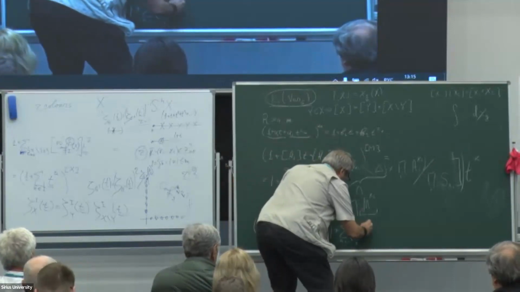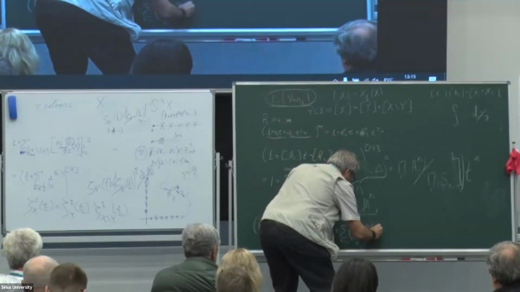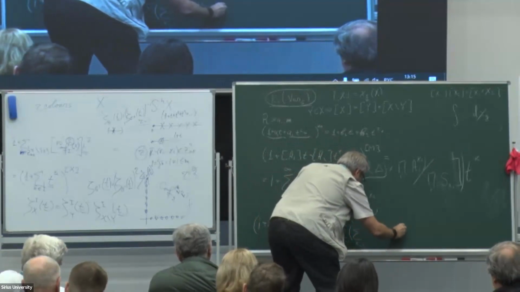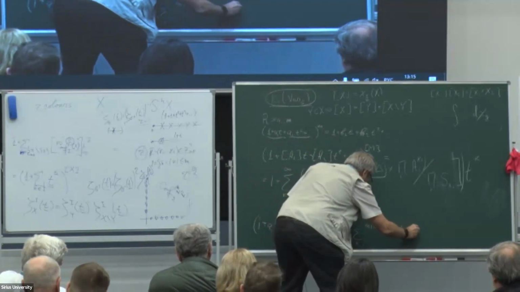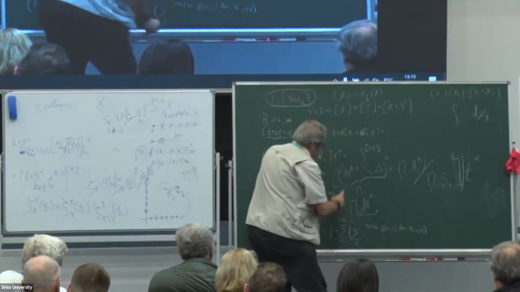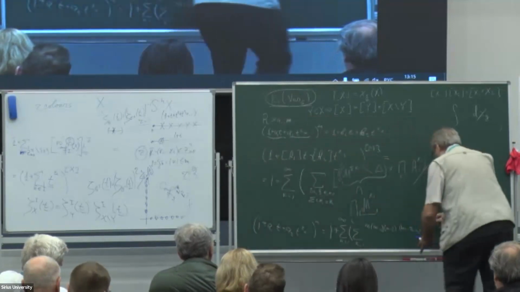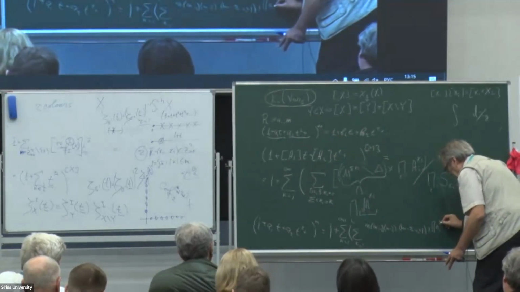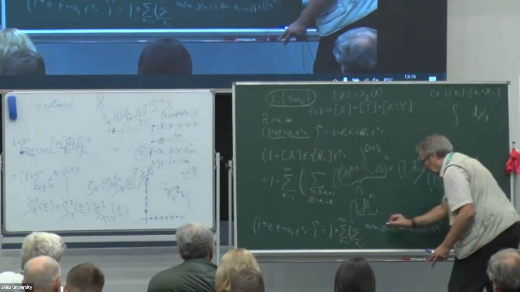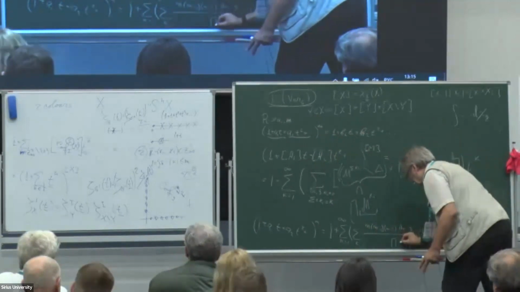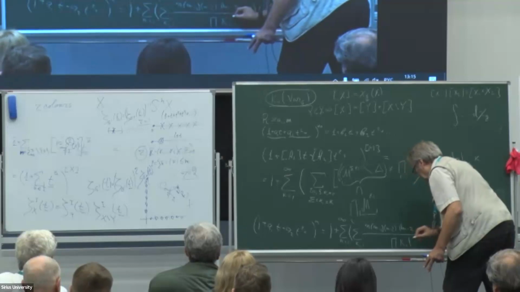And here you have to write M times (M minus 1) times (M minus 2), etc., times (M minus sum of k_i plus 1), multiplied by the product of a_i to the power k_i, and then divided by the product of k_i factorial.